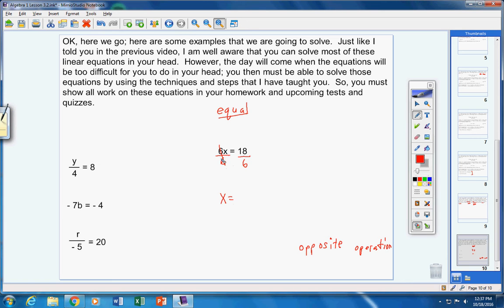Is that legal to do? Sure it is. You did not move anything from side to side. That's totally fine. 18 divided by 6 is 3. And there's your answer, just like that. That's pretty simple, guys. It really is. Okay? Alright, let's take a look at the next example.